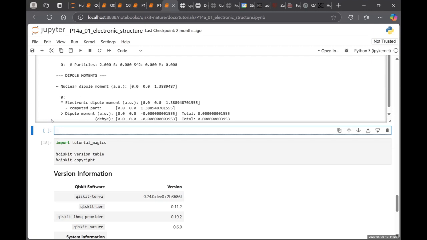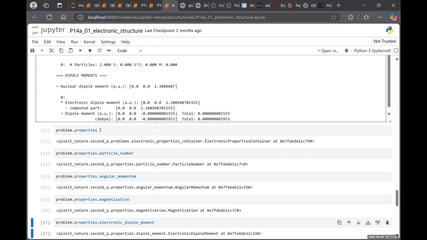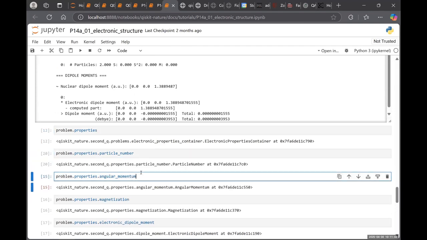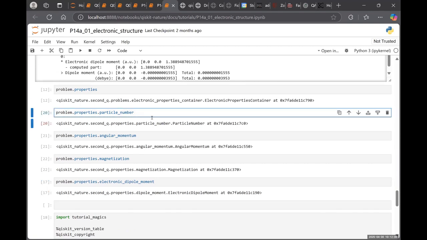Okay, so below. Wait, we should have the particle number. How do I print it out? Example one, print out angular momentum.